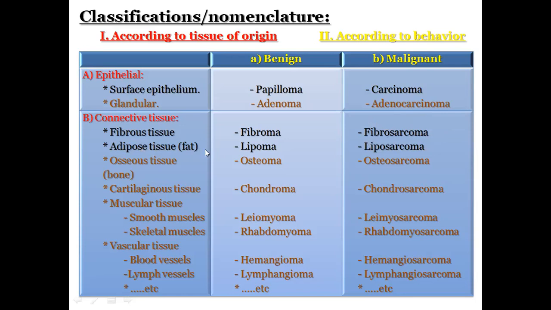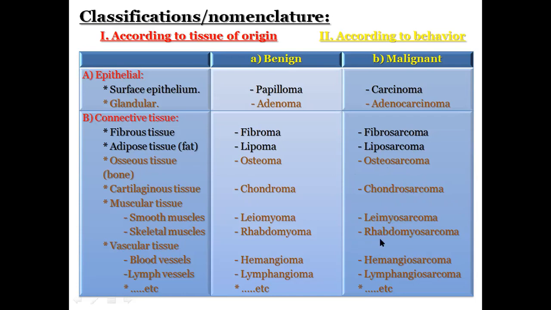Fibrosarcoma. Fat, liposarcoma. Bone, osteosarcoma. Malignant tumor arising from mesenchyme, which is bone. Cartilage, chondrosarcoma. Malignant tumor that arises from mesenchymal tissue, that is cartilage. Muscle, smooth muscles, myosarcoma.